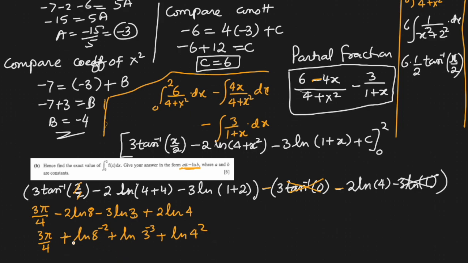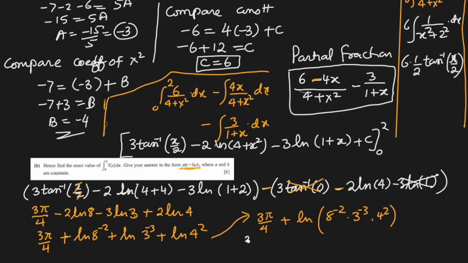Why did I do that? Because these three natural logs can become one natural log only if the coefficients are removed. And now this will be 3 pi by 4 plus natural log of all three, because they are adding, they will multiply. So 8 to the power minus 2 times 3 to the power minus 3 times 4 square.